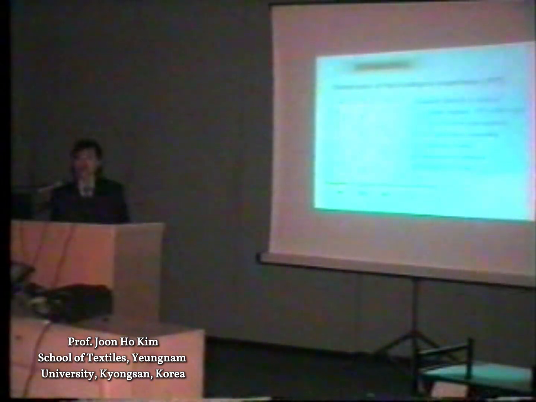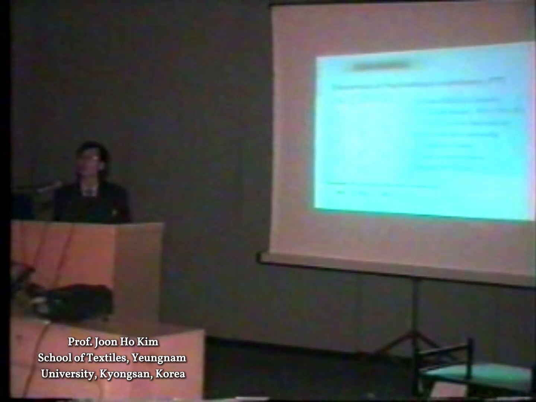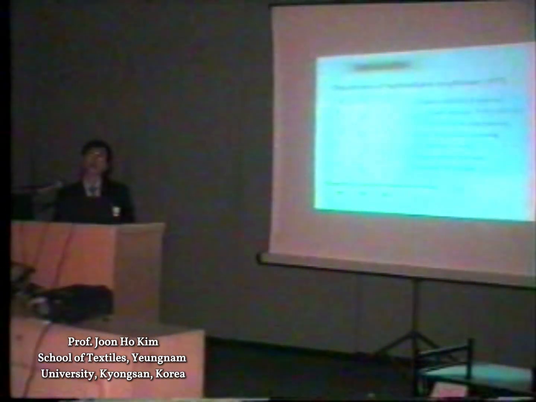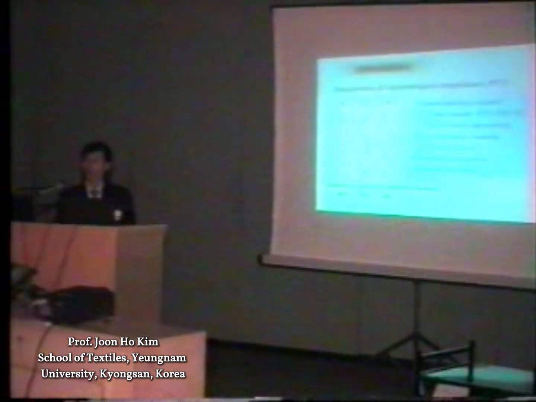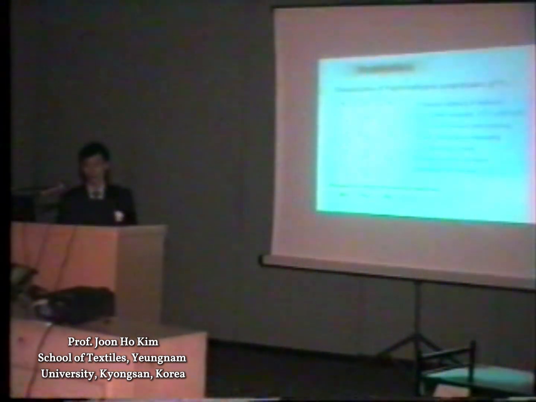And the structure is mostly porous, so the ester groups are deeply hidden, so the alkaline hydrolysis reaction rate is slower than PET and PET. So overall the properties of PTT are between PET and nylon.